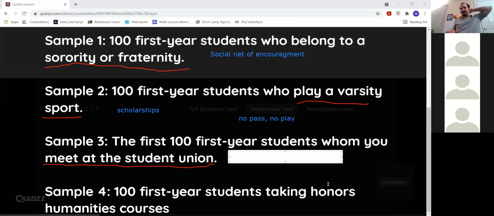If you're meeting people at a student union, they're already on campus, right? And so right away, I know if you're working or something like that, you're probably not sticking around on campus too long afterwards. So this might fail to grab student workers, right?